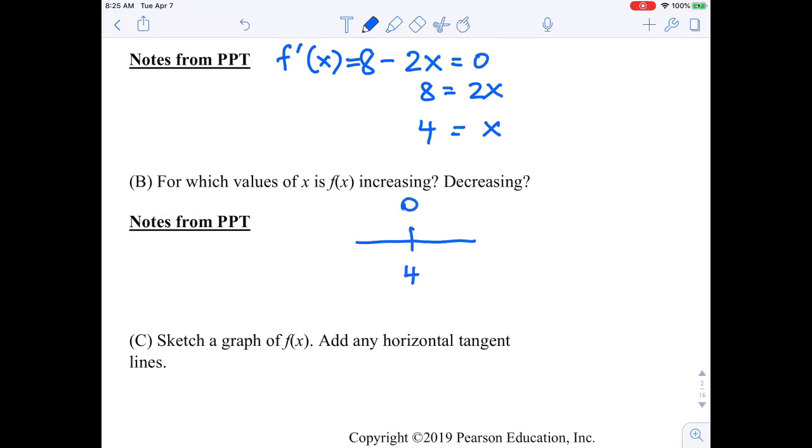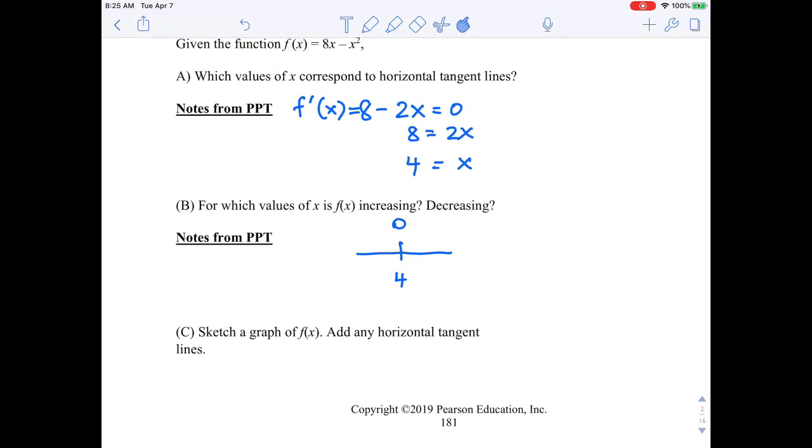At 4, it's 0. So if I substitute back into my derivative, when it's less than 4, we'll test 3. Greater than 4, we'll test 5. When it's 3, we get a positive.